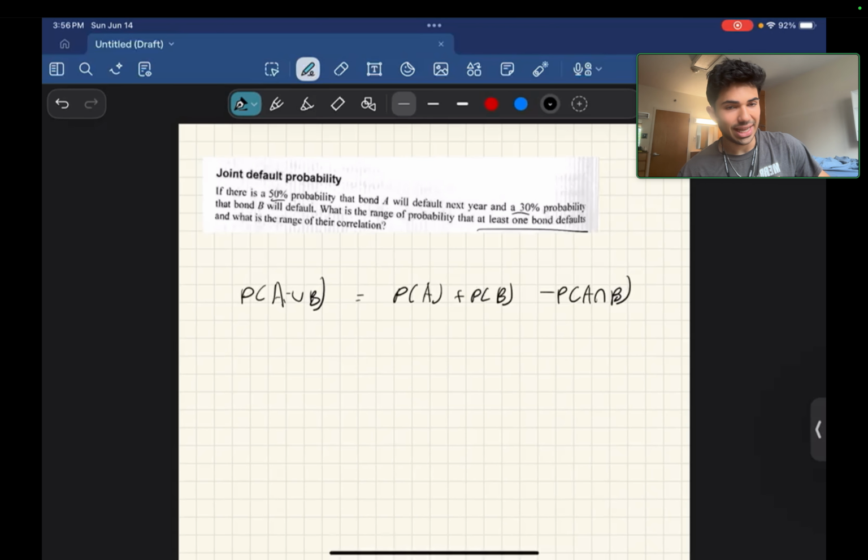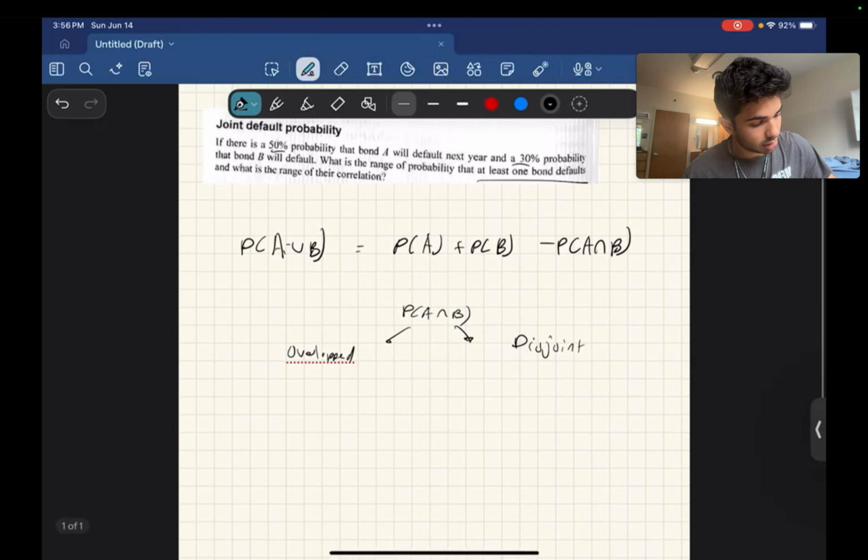So when it says at least one, we can break that up into two different possibilities. So probability of A and B can be split up. Either the bonds are disjoint, as in it's impossible for them to both occur, or they are fully overlapped, as in one occurring will cause the other one to occur as well.